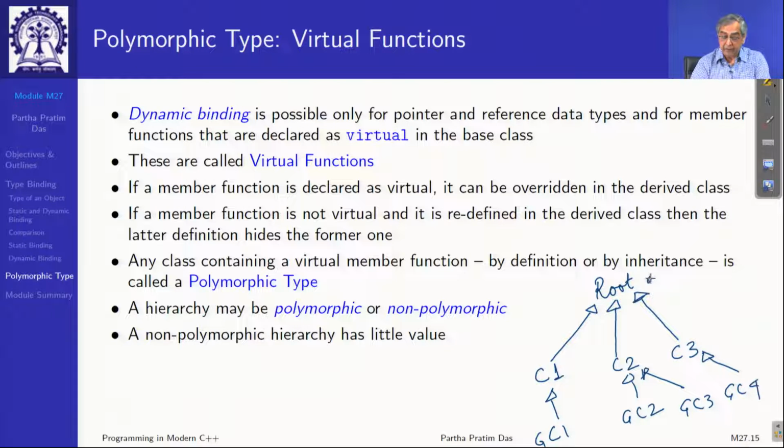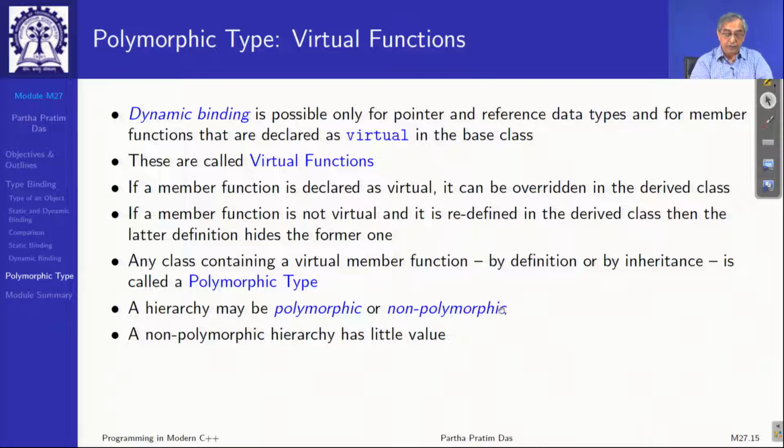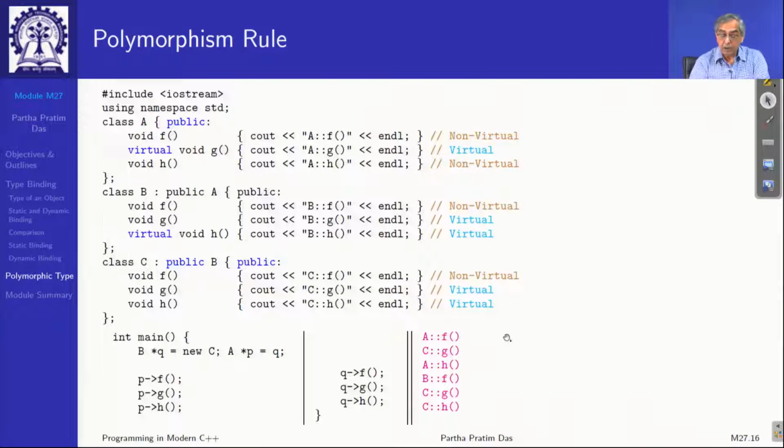Now, if I have one or more virtual functions here, those will all be available all through this hierarchy, right. So, that is the meaning of a polymorphic type or a polymorphic hierarchy, which will be the mainstay of object oriented design for C++. So, that is just a quick set of illustrations.